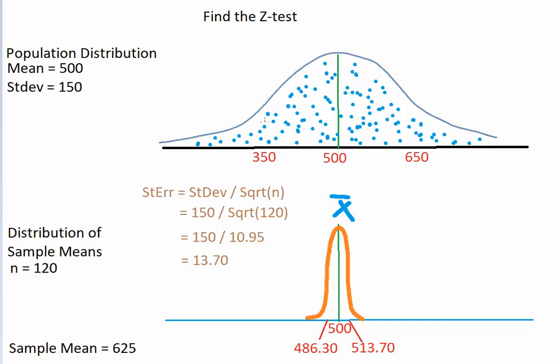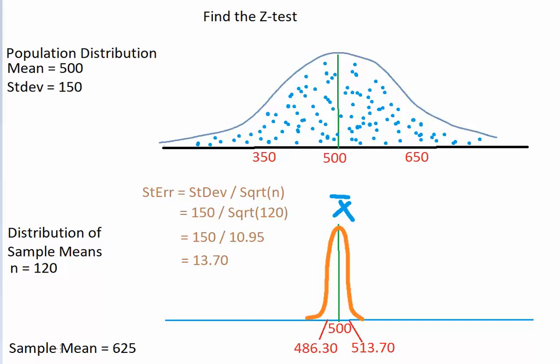So 68% of the individual scores are between 350 and 650. Well, when we're looking at our distribution of sample means, 68% of sample means will be between 486 and 513, plus or minus 1 standard error. And again, it's because every sample mean is going to be a pretty good estimate of the true population mean, given that it's based on 120 scores. It's going to be really unusual to get 120 scores, for example, that are all around 650. That would be extremely unusual.